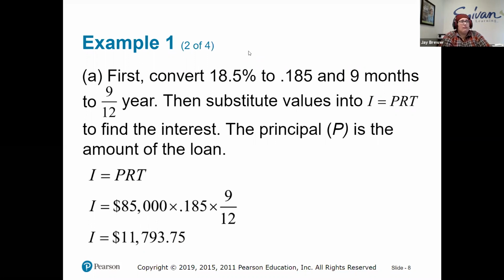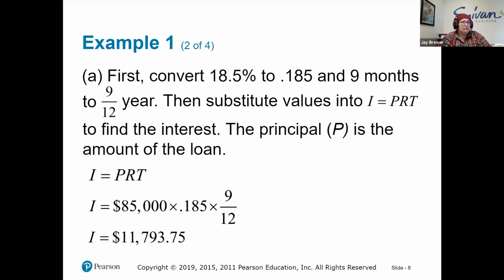So the first thing we have to do is convert the 18.5% to a decimal form. And then 9 months to the year, which would be 9 over 12, right? Because we know there are 12 months in a year.